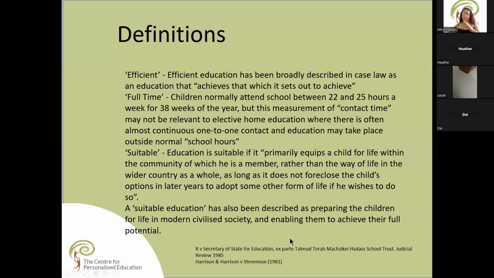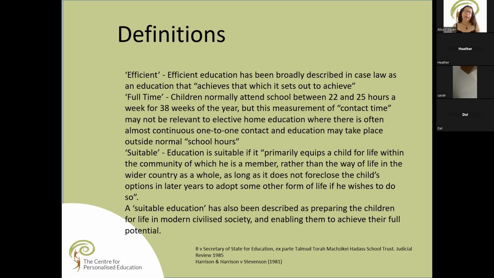There are a few definitions that we really need to understand if we are going to look at home education law. The first one is efficient. Efficient education basically means it achieves what it sets out to achieve.